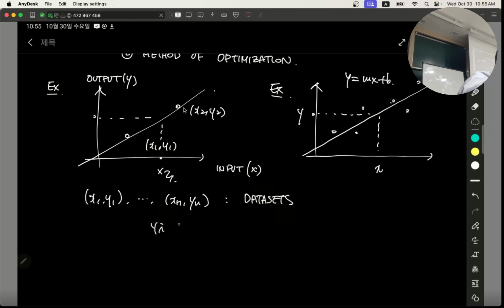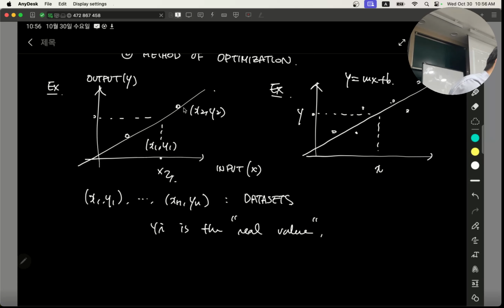and yi here is the real value. So real means it was the value that actually got obtained here.